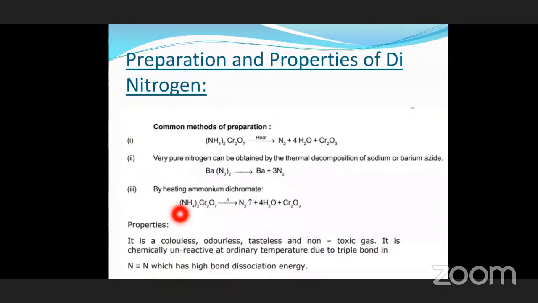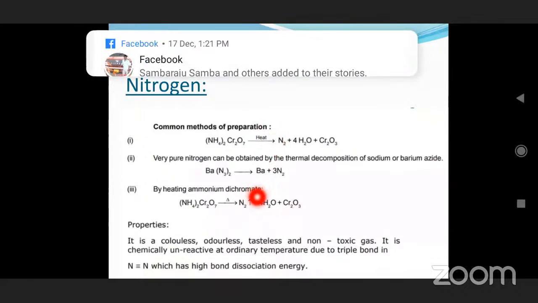Then here again (NH4)2Cr2O7 is heated to form N2, dinitrogen in the gaseous state, and water as well as Cr2O3. So along these three equations, we prepare dinitrogen. Thus, by using all these chemical reactions, we can easily prepare dinitrogen.